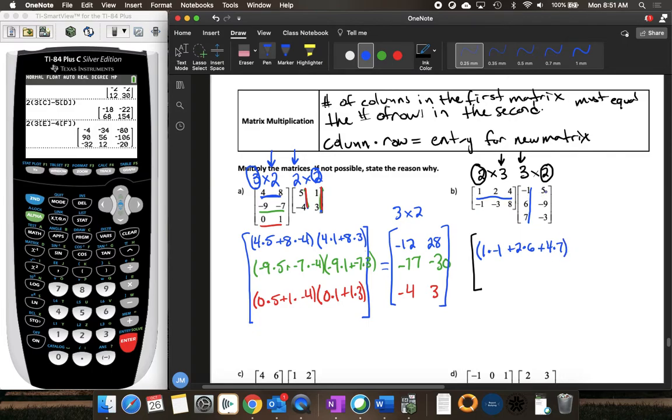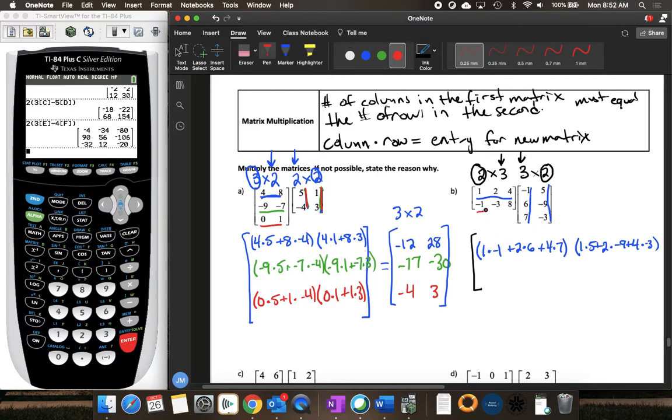We'll then take that same first row multiplied by our second column now. So that would be 1 multiplied by 5, 2 multiplied by negative 9, and 4 multiplied by negative 3. And again, you're adding in between all of that. So then that should be the first row, second column of our new matrix, and in fact it is.